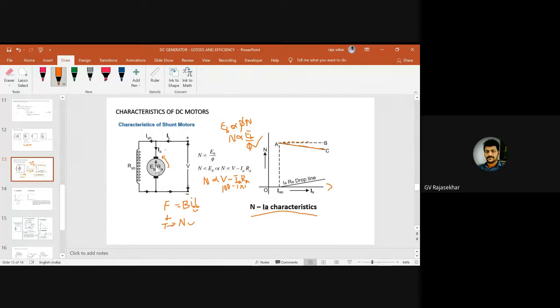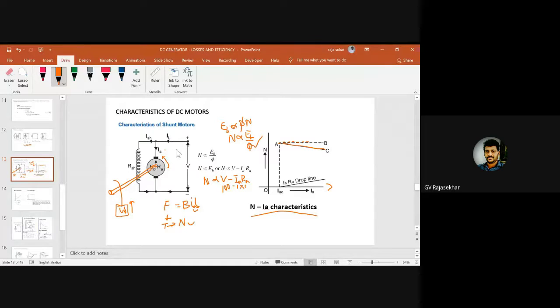Suppose this motor shaft is like this, and suppose it is lifting some weight W. If you increase this weight, what will happen? The amount of current drawn from the supply also increases, because in order to lift this extra weight, extra energy is required.